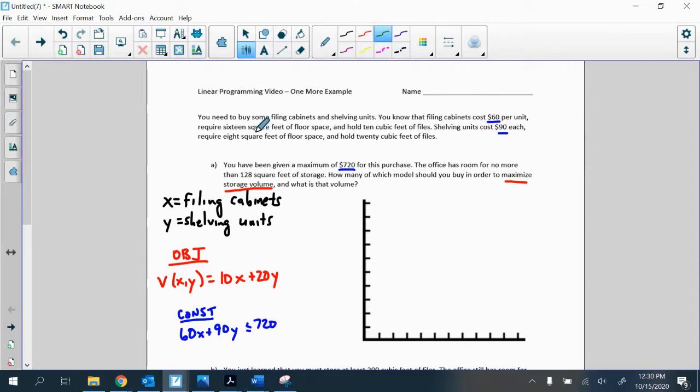Then I also know that filing cabinets have 16 square feet and shelving units have 8 square feet each. So 16x plus 8y, and that has to be less than or equal to 128 square feet. So I have these two constraints.